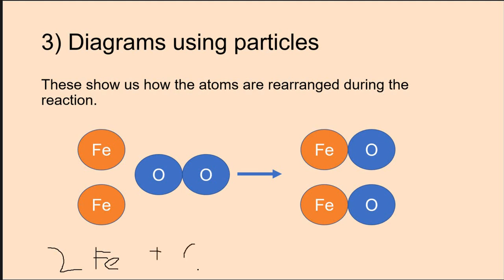Notice with this one the number goes after and is little because it's 2 oxygen atoms joined together, and this goes to 2 FeO. Excuse my bad handwriting there Year 7, I'm sure you can do much better in your books.